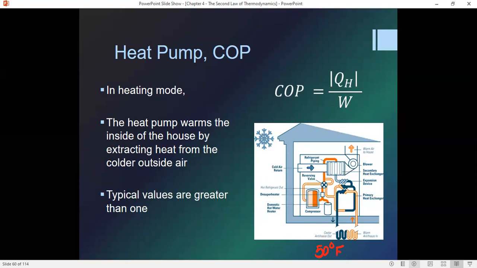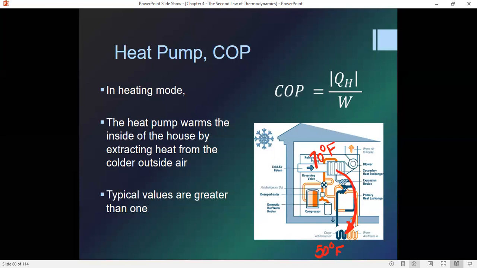Think about it this way. If I'm dumping heat in the summertime at 50 degrees Fahrenheit, well, that's easy. If my house is 70 degrees Fahrenheit, okay, it's going to want to naturally go here. So the coefficient of performance is going to be really, really high as long as I'm dumping it into the ground.